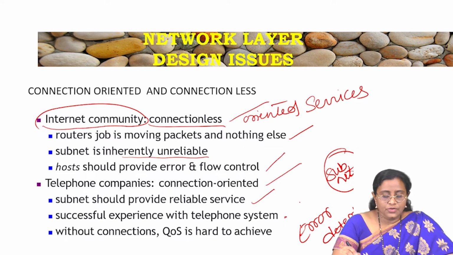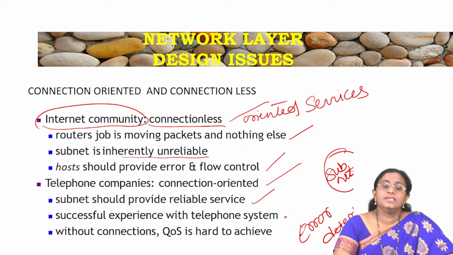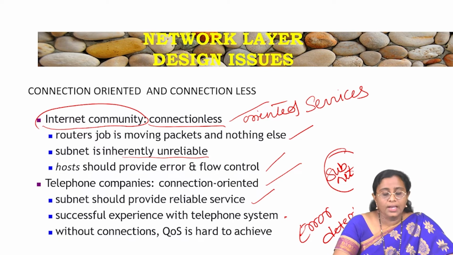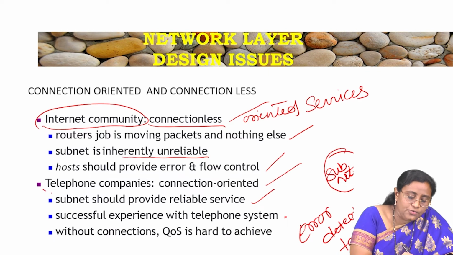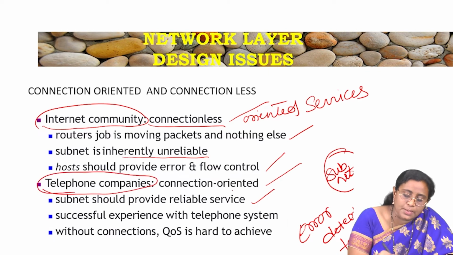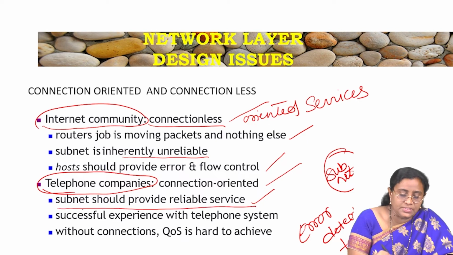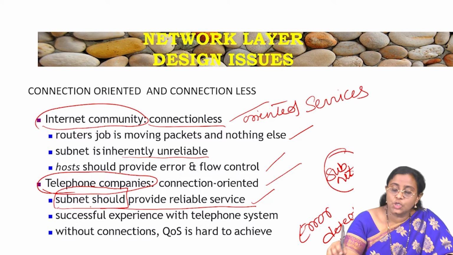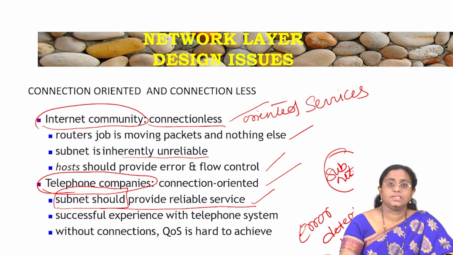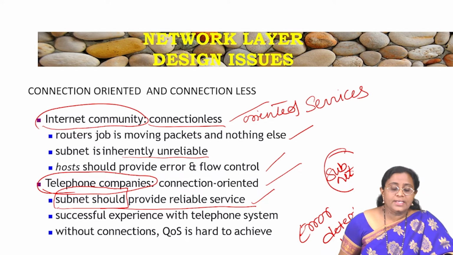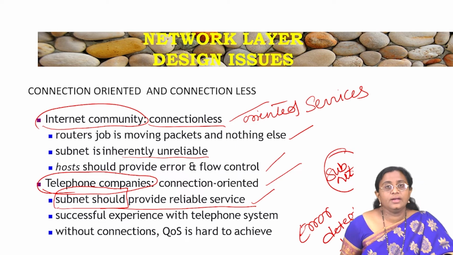Without connections, QoS is hard to achieve while we are working with connection oriented service. The telephone communication system is an example of connection oriented because it can provide reliable services, with the subnet provided with many hosts. These are the two examples: connection oriented as well as connectionless oriented.